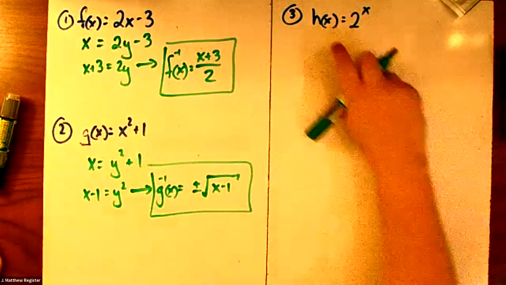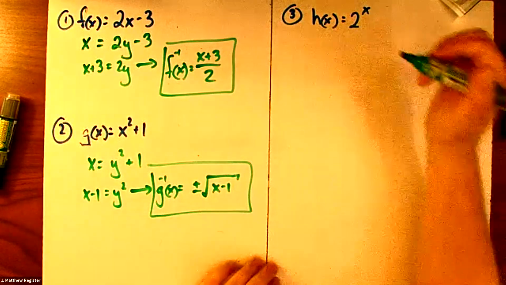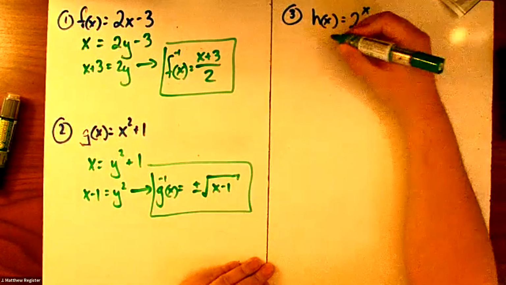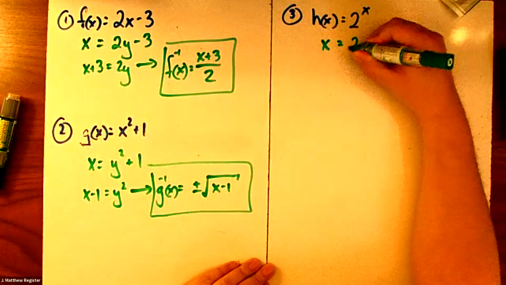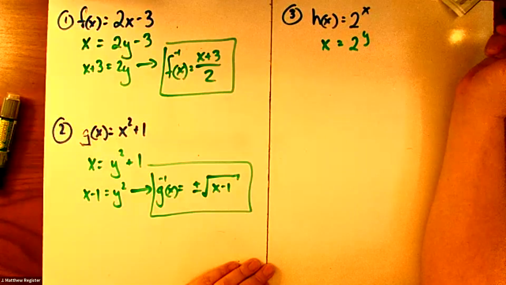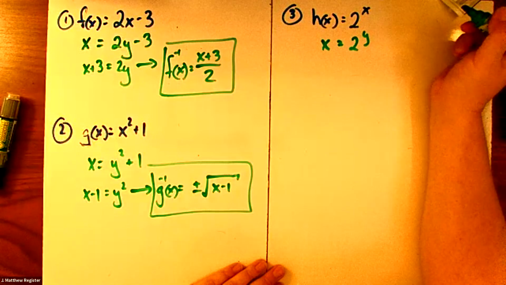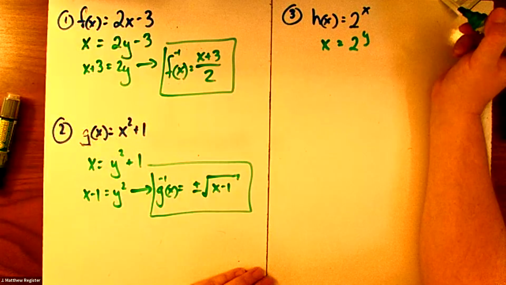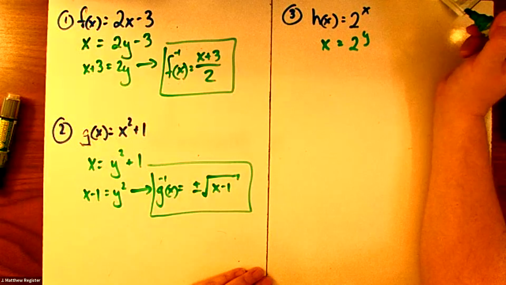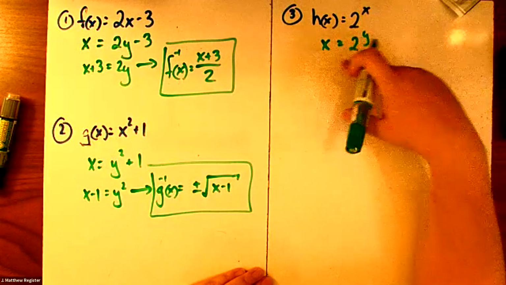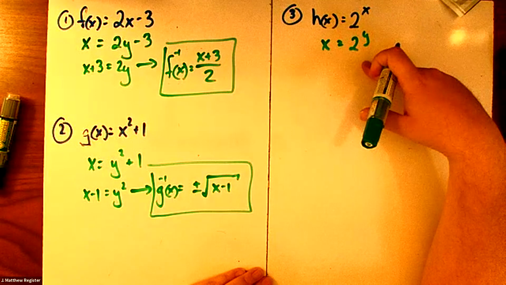For our last one, h of x equals 2 to the x. Well, we can replace that by making it x equals 2 to the y. And then we have multiple approaches. Probably the easiest one is to remember how logarithms work, because this currently is written in exponential form.